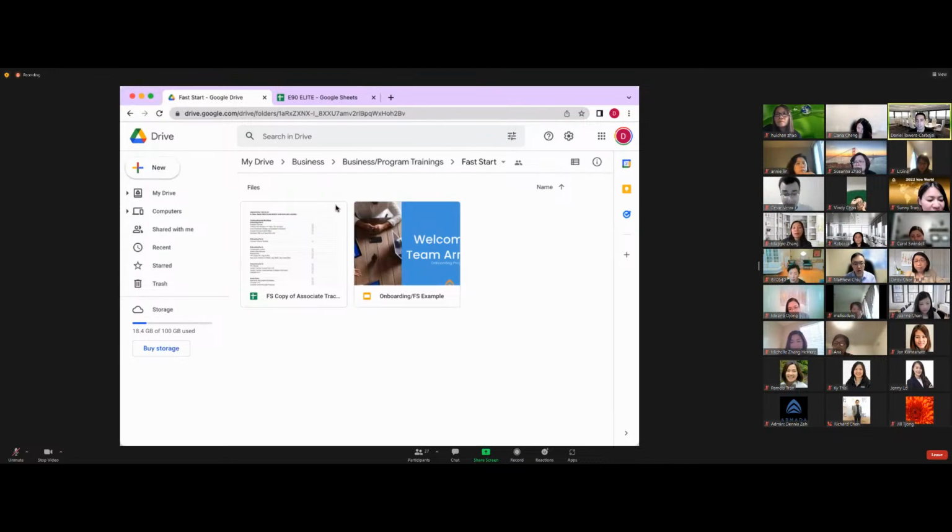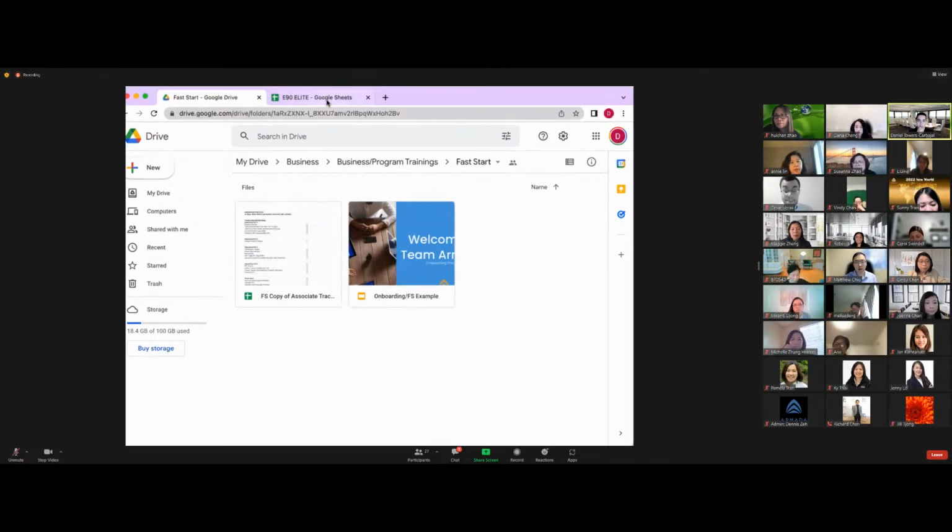Now, in the folder. Daniel, do you want us to post to the E90 Google Sheet? Maybe it's easier for your assistant to email to all? Yeah, I can do that. I guess I'll create a new tab. That's probably a good idea, Cindy. So I'll create a new tab here.